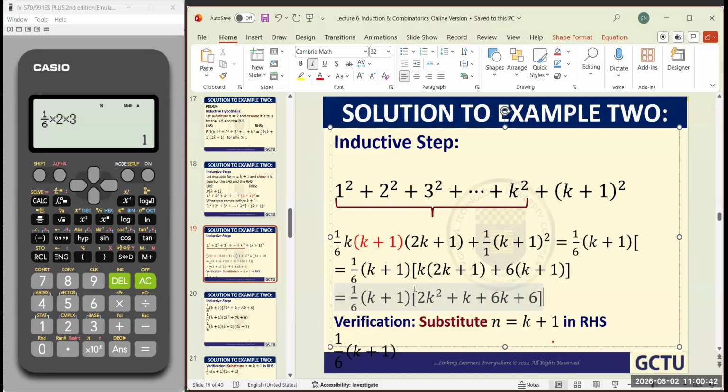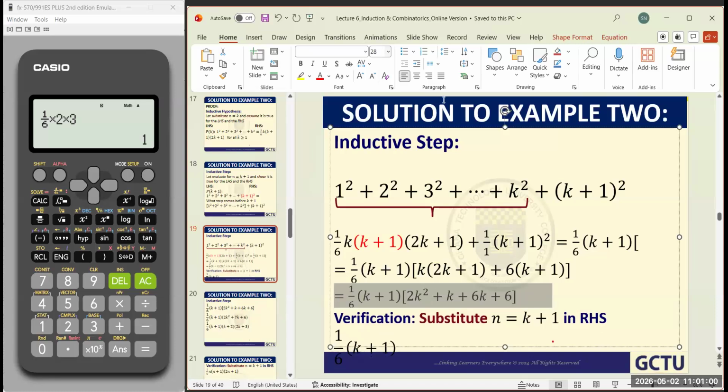Now I'm concentrating on this bracket here. When you add k to 6k, what do you get? I get 7k. So this thing can be written as, again, I have to reduce this more.